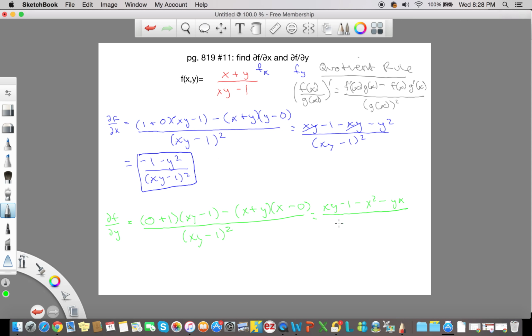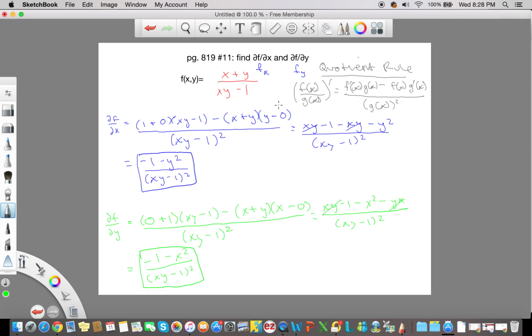And that's all going to be over xy minus 1 squared. Again, we can simplify even more. We can cross out these xy's, so we get negative 1 minus x squared all over xy minus 1 squared, and we are done with that.